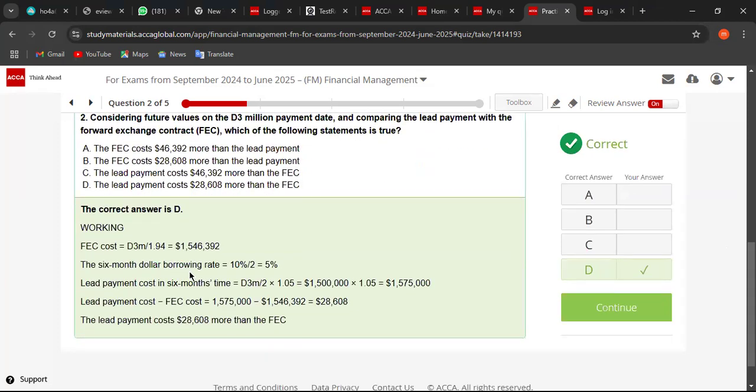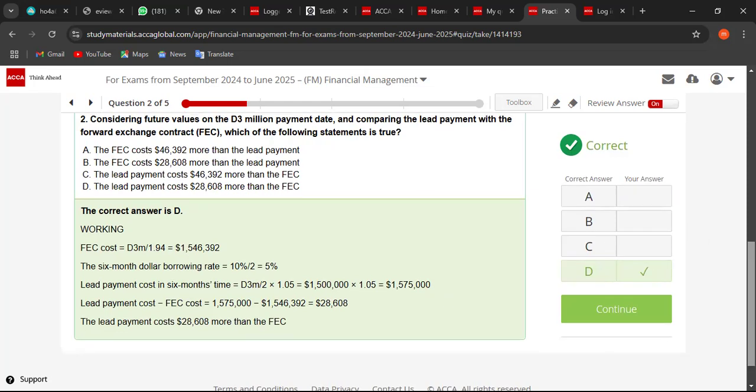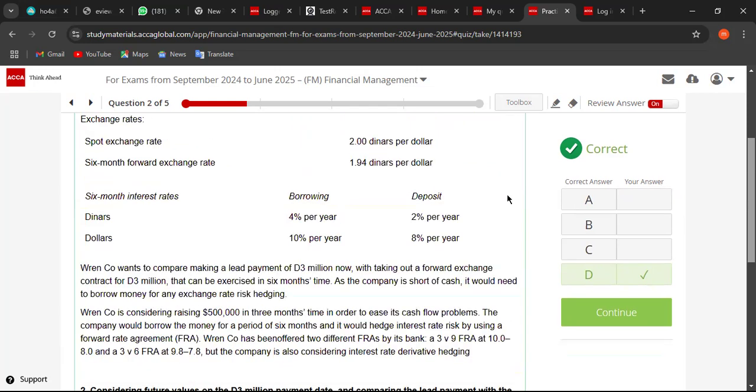What is happening with the foreign exchange contract? What was that? This one, 1.94. This was given. This was the forward.